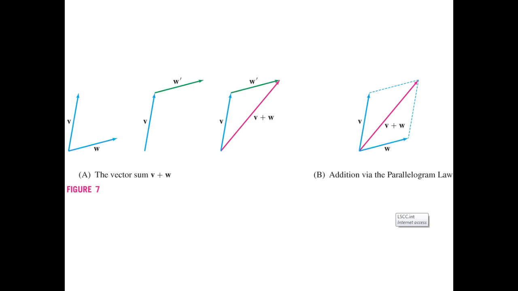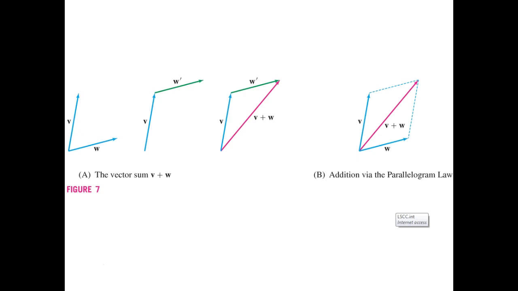Then draw the vector from the base point of V to the terminal point of W. That gives you what you call the sum vector. What they did is not just translate it, but they gave it a new color and a new name. They said blue vector W, translated up here, becomes green vector W prime. So the first thing to do is that.